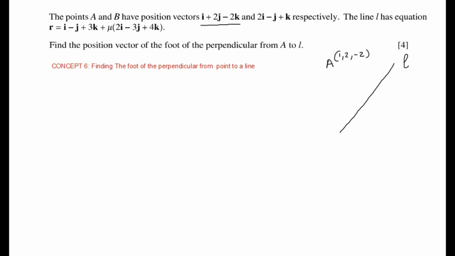So from the point A, you have to draw a perpendicular to the line L, and the foot of this perpendicular, let's name it N. We are supposed to find the position vector of the foot of the perpendicular. That means we are required to find ON.